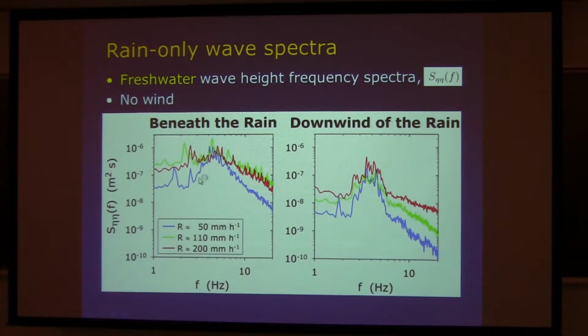And what you find is that the peak in the wave spectrum is between 3 to 6 hertz, and that at rain rates of 50, 110, and 200 millimeters per hour, you see an increase in high frequency wave energy, although there is not really a significant increase between 110 and 200 millimeters per hour.